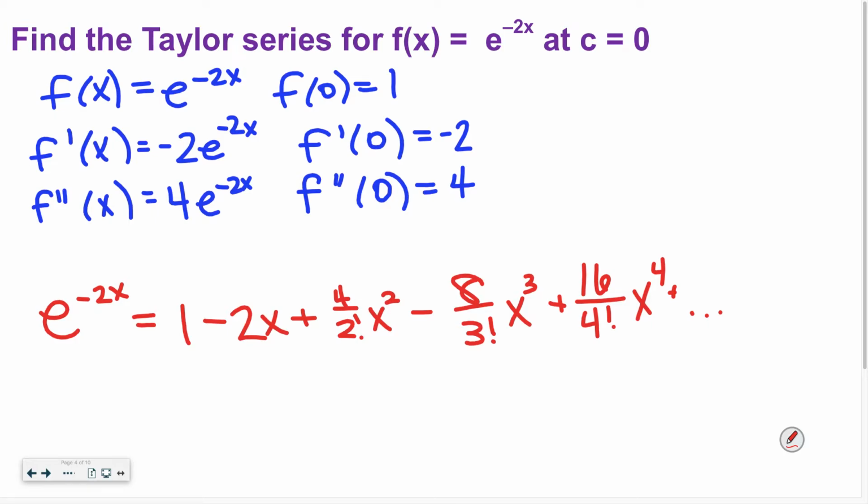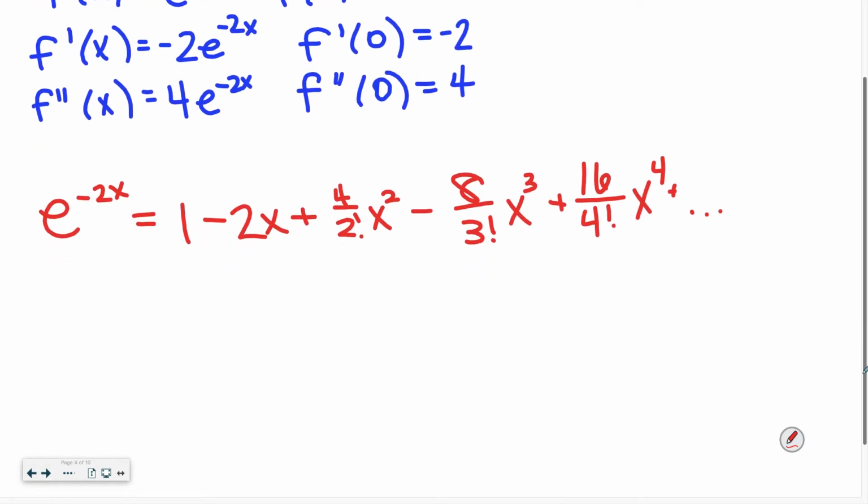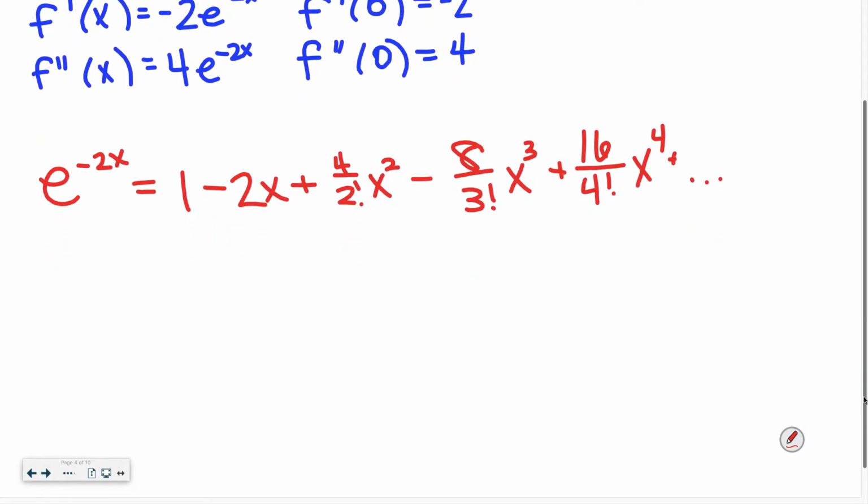So what's our pattern here? Negative 2 to the k. Negative 2 to a power, x to the power over. Okay. So negative 2x is being raised to the n power over n factorial.